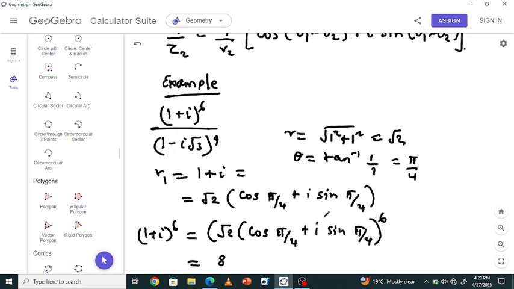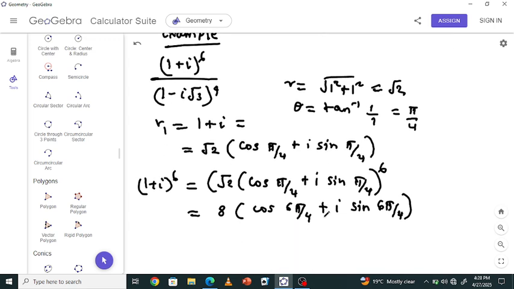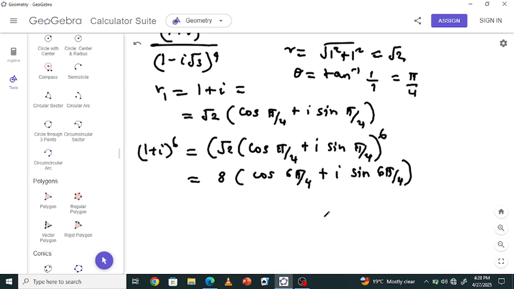That gives us 8 into cos 6 pi over 4 plus i sin 6 pi over 4.